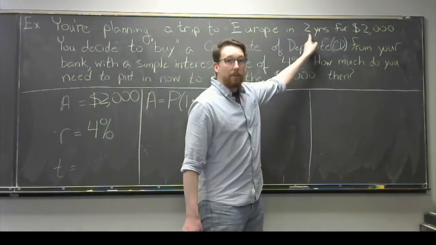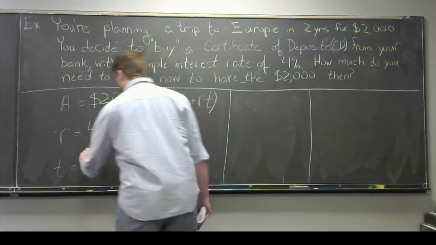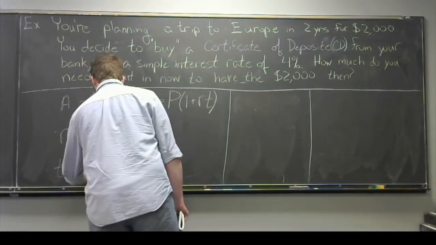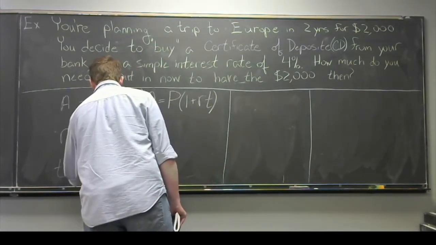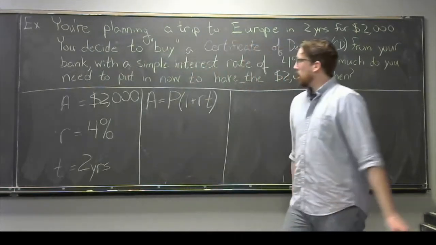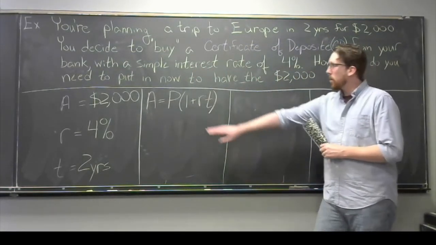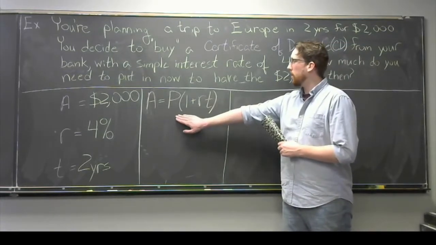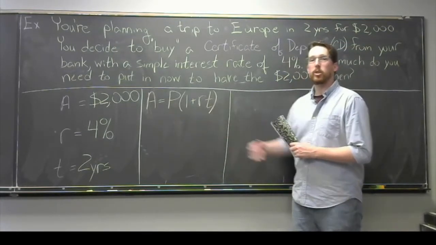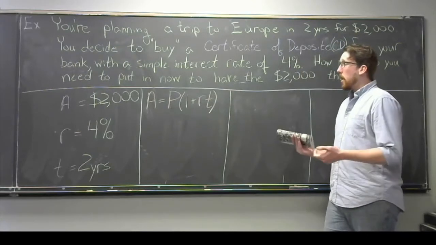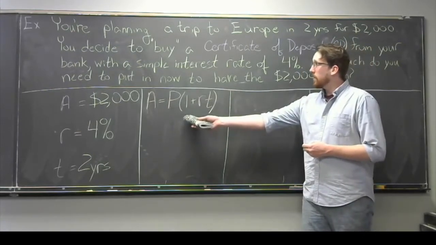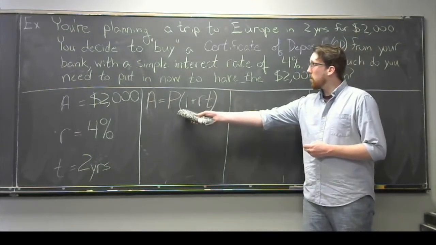And the time is going to be 2 years. Okay, now we're going to have to rearrange our equation to figure out what the principal is. To do that, all we have to do is divide both sides by 1 plus RT.